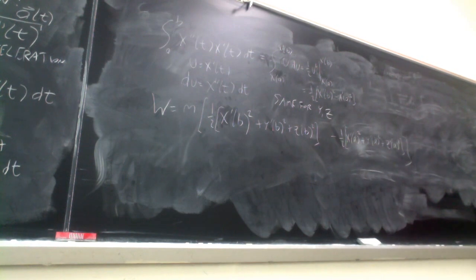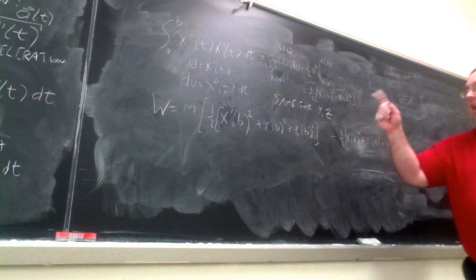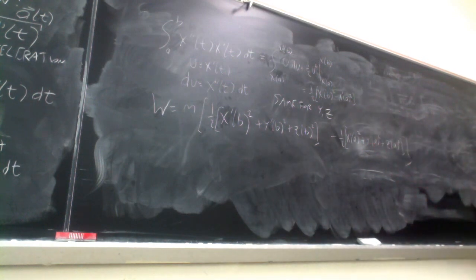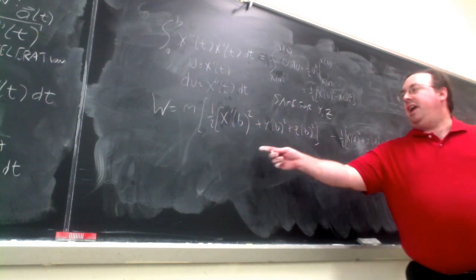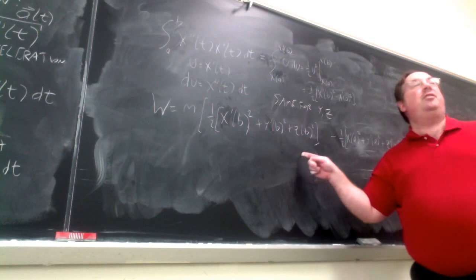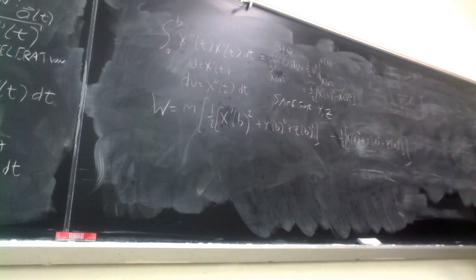But now I'd like to write this in a simpler form, because x of t, y of t, z of t, those are components of your parametric equations. They're components of a vector, r of t. So these are the components of r prime of t. But when I take a vector and I take a sum of squares of the individual components, what does that tell me about a vector?